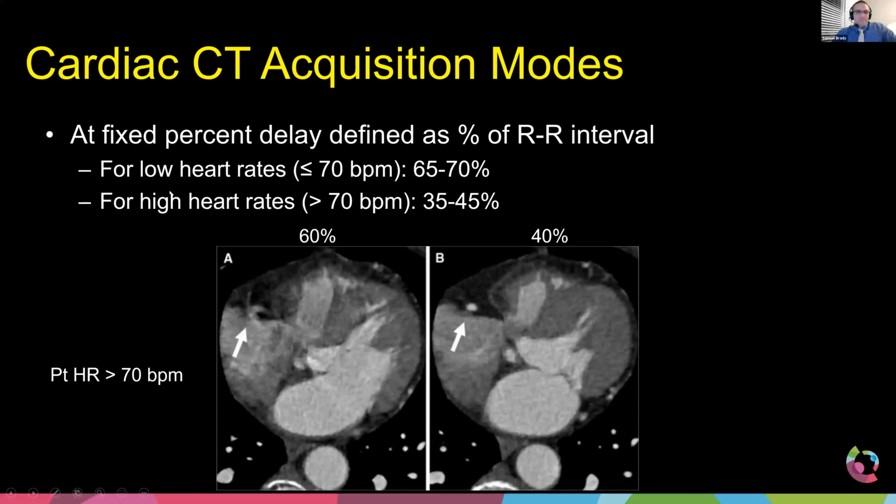If the heart rate was less than 70 beats per minute, then they liked the image quality that came out at the 65 to 70% interval.